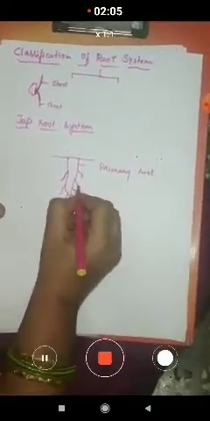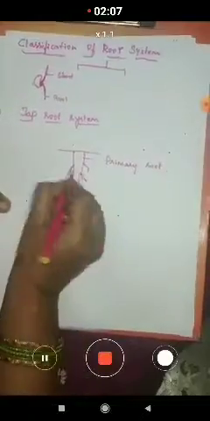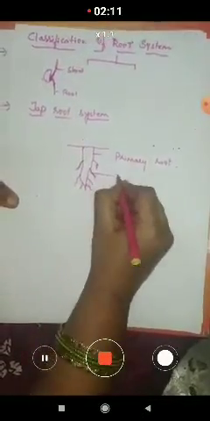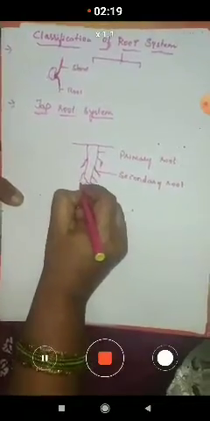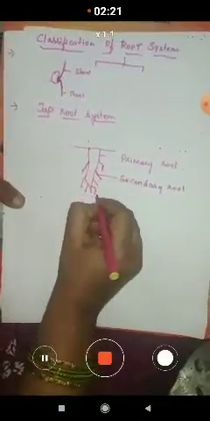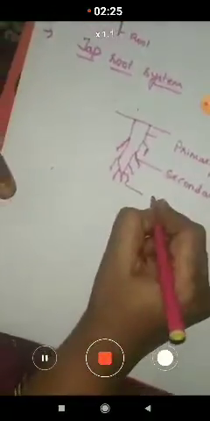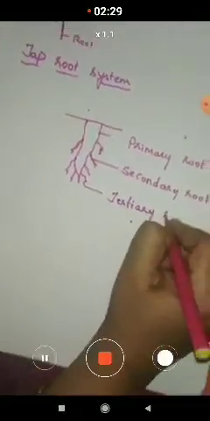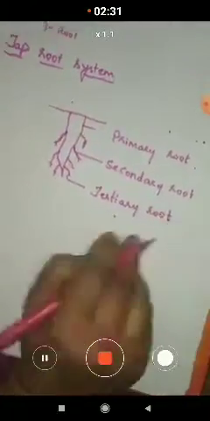And the small roots which start growing from the primary root, here you can observe, are called secondary roots. And from the secondary root you can observe thin root hairs starting to grow. We call it the tertiary root.